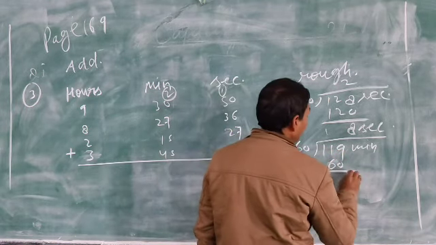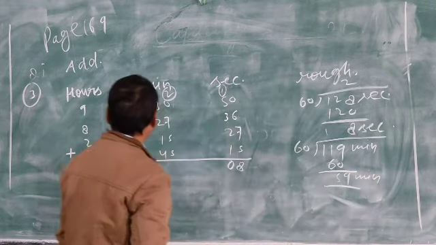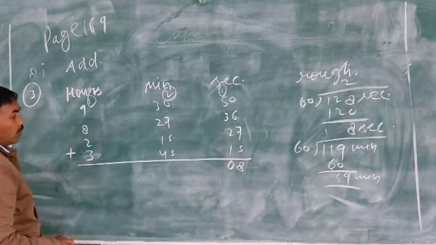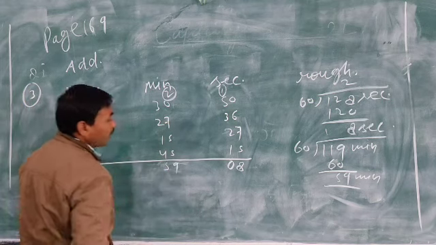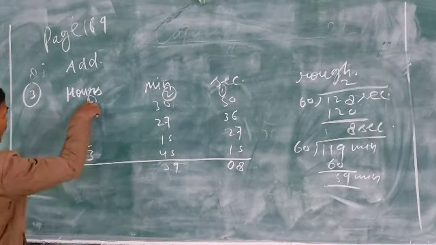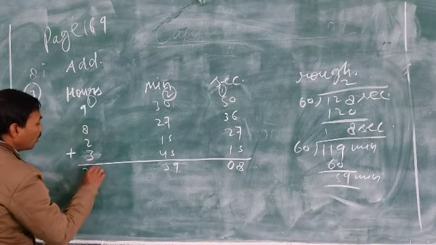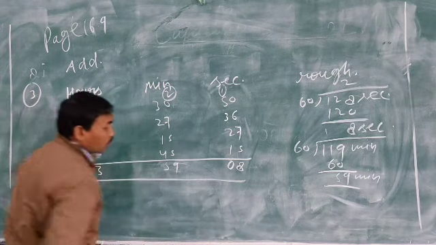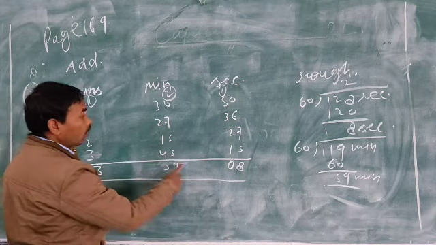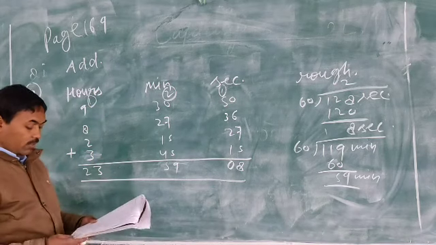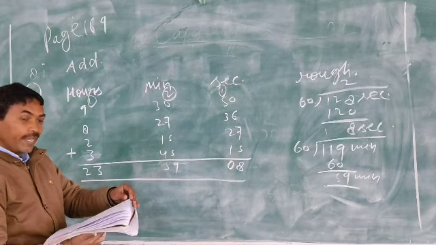So 1 time, 59 minutes will be the remainder and 1 hour is the quotient. So here we will write only 59 minutes. And you will add here 9 and 10, 10 and 20 and 3, 23. So our answer is 23 hours, 59 minutes and 8 seconds. So I hope we can do these types of problems easily.